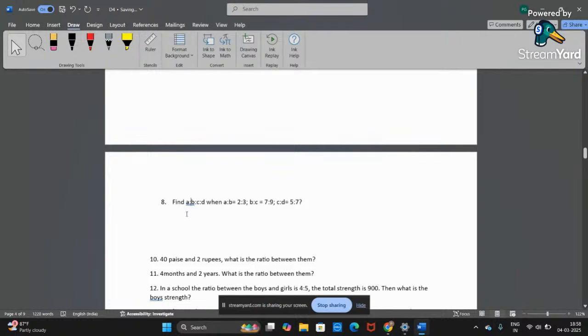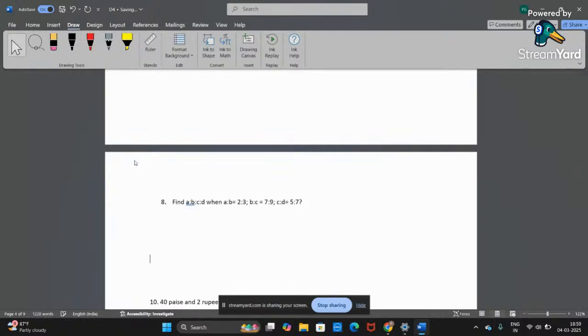We need to find the answer in the form of A is to B is to C is to D. So first let us write it down: A is to B, B is to C, and C is to D, right?